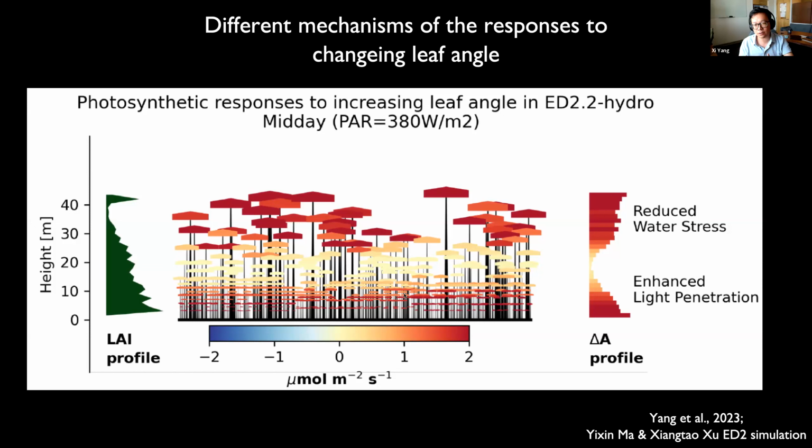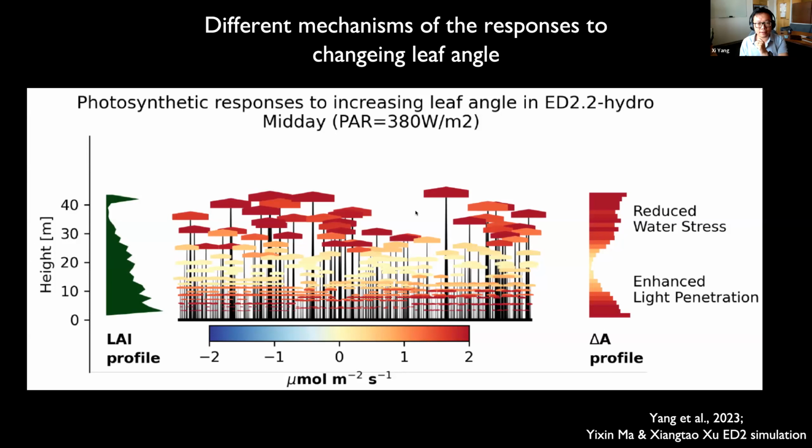But the reason for that increase differs. For the bottom canopy, as we understand it, it's because more light penetrates through the canopy, allowing more photosynthesis. But for the top of the canopy, when they turn the leaves more vertically, it's because of less water stress.